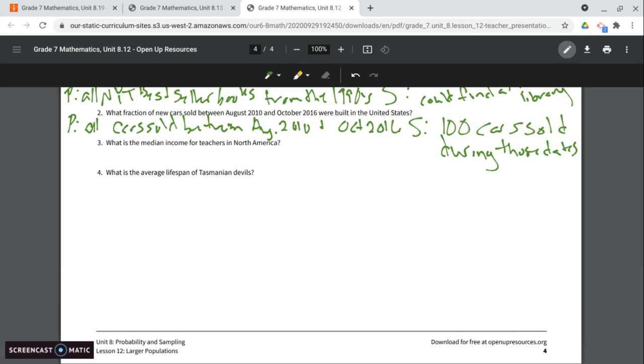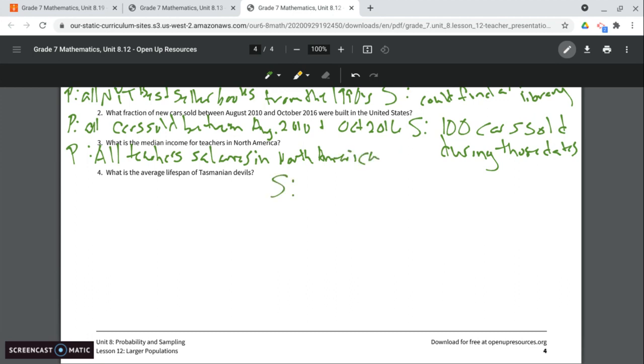All right, for number 3, what is the median income for teachers in North America? Our population would be all teachers' salaries in North America.